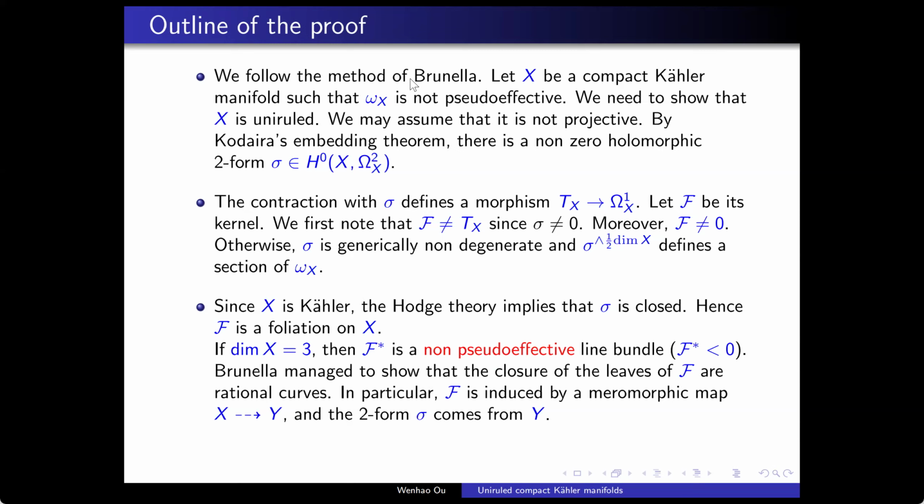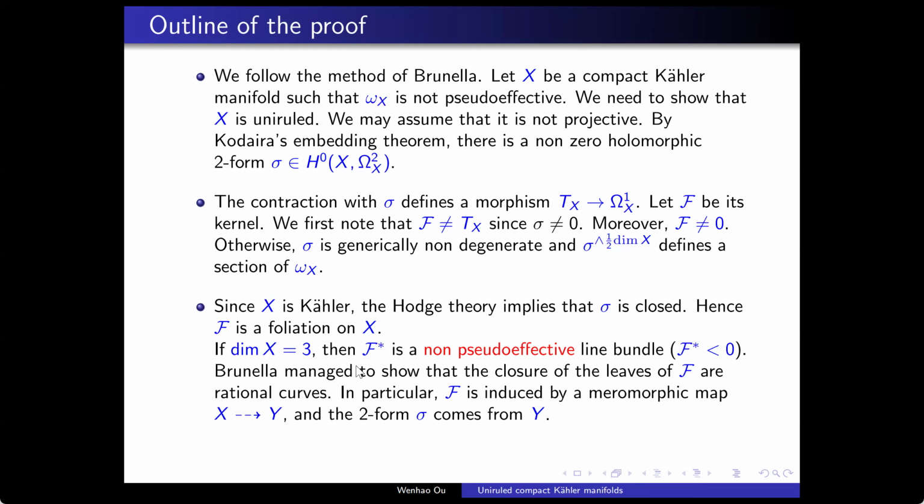Now we will use the method of Brunella, who proved the theorem in dimension 3. In dimension 3, this F must have rank 1, because its rank is strictly between 0 and 3, but it is the kernel of a two-form. So it has rank 1, since 1 plus 2 is equal to 3.